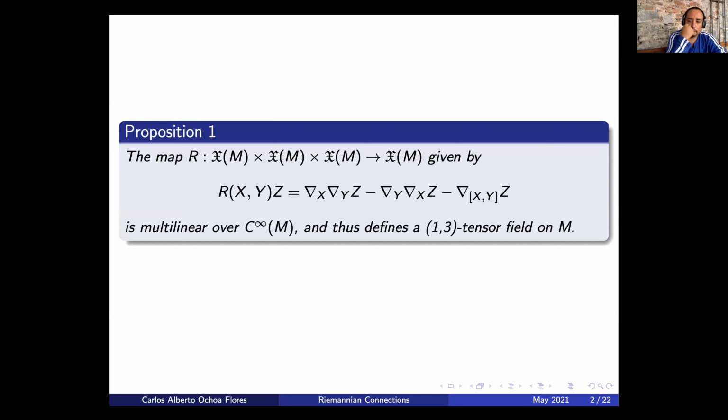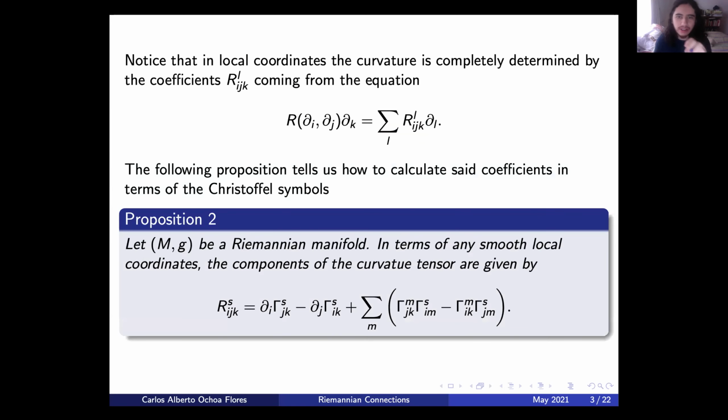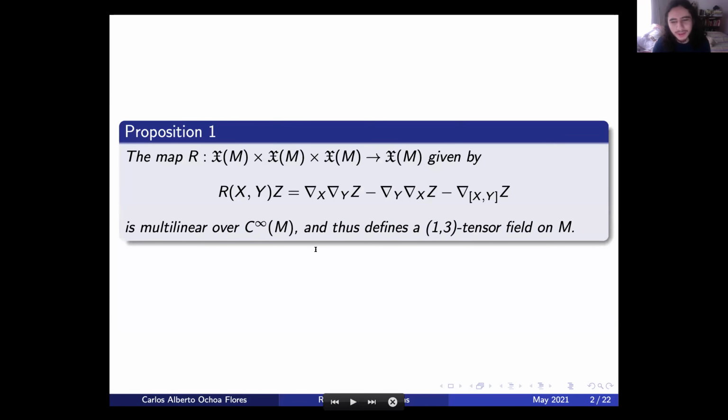Okay. But since this is a tensor field, it is determined in local coordinates by components coming from the following equation, right? We evaluate the tensor. Maybe I should mention, some people call this the curvature endomorphism. So in that way, the 0-4 tensor that it induces is the Riemann curvature tensor. And some people call both of them the Riemann curvature tensor.